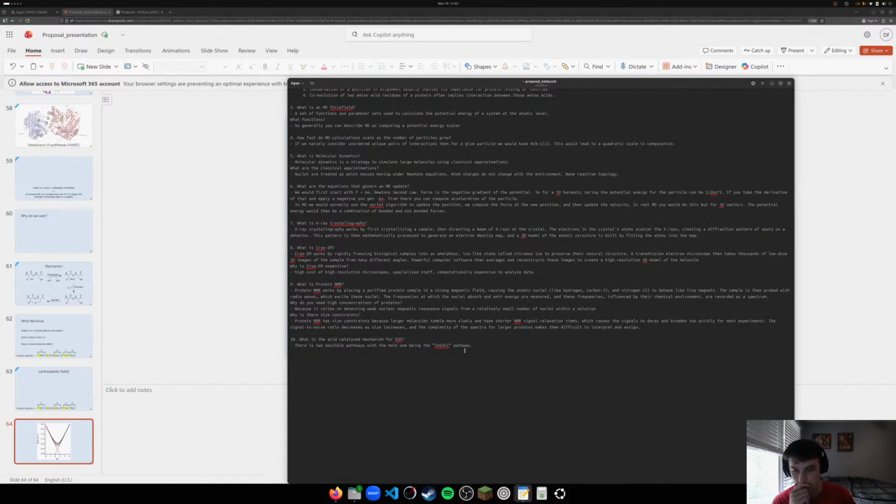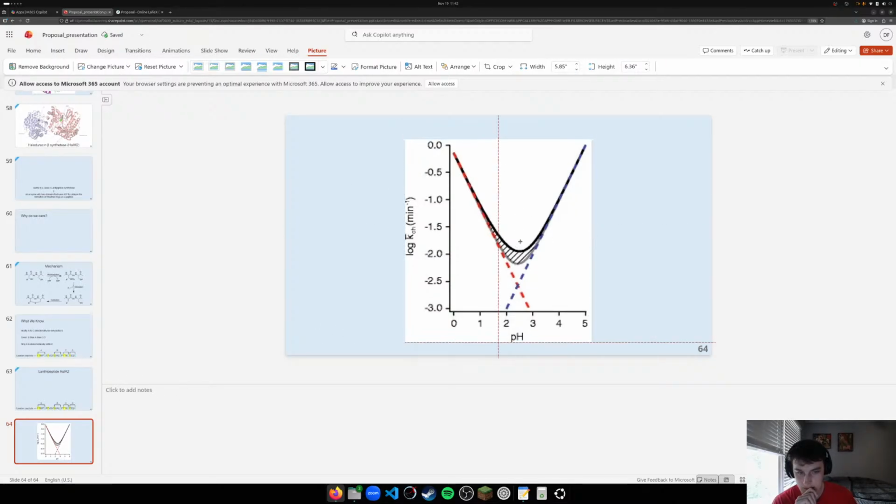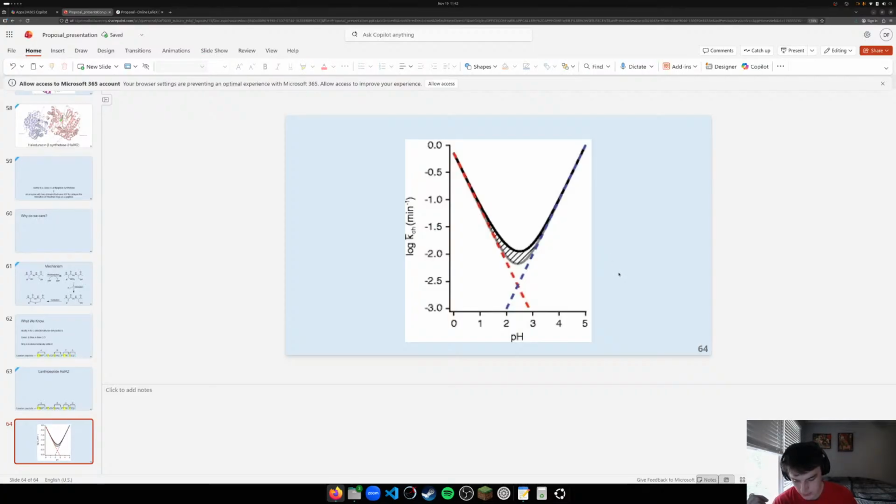Right. We were talking about the acid catalyzed mechanism for D2O. This is one of these extra slides that I should include, just in case it gets that deep. The main question that would prompt me to pull up this slide would be: why do we quench at that specific pH?